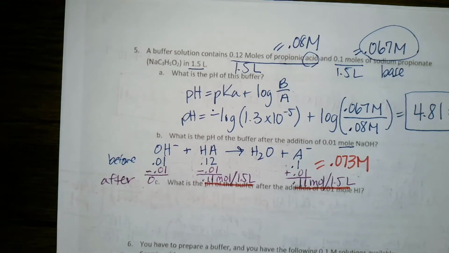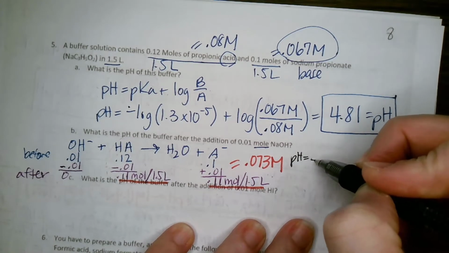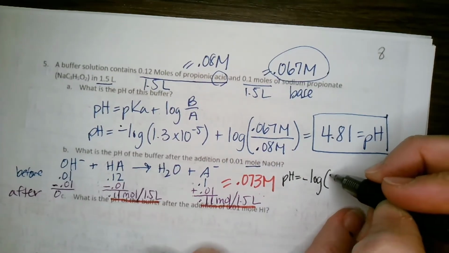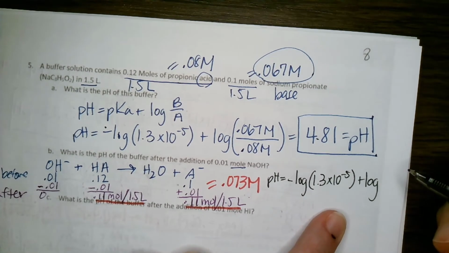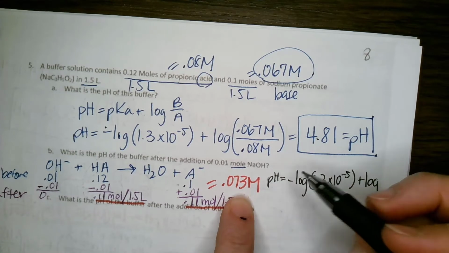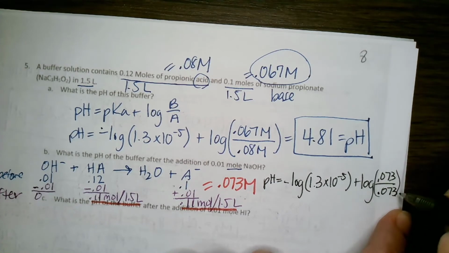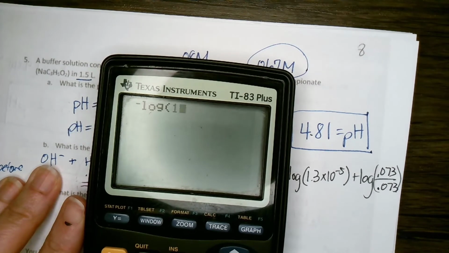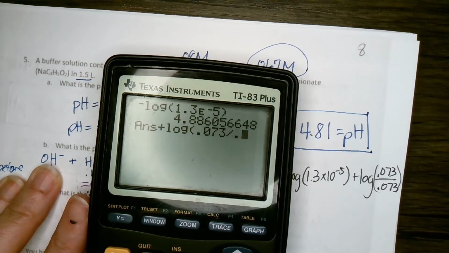All right, so now let's write out our Henderson-Hasselbalch equation. We've got pH is equal to the negative log, same propionic acid, the 1.3 times 10 to the negative 5, plus the log of our base over our acid, and these are both the same numbers, 0.073 over 0.073. Let's see what we get. Negative log of 1.3 times 10 to the negative 5 plus the log of 0.073 divided by 0.073.